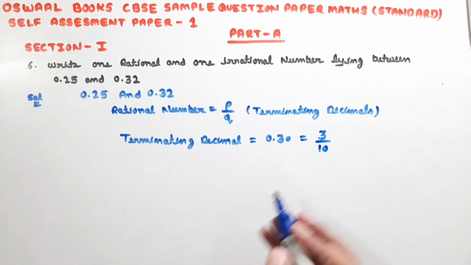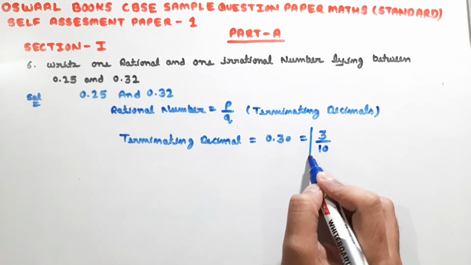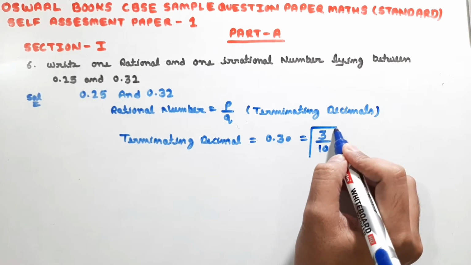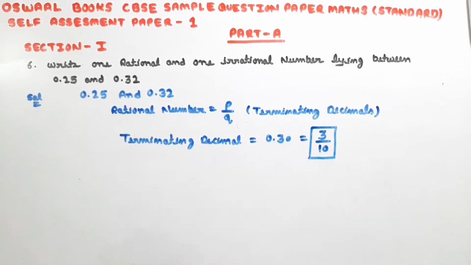So, one rational number between 0.25 and 0.32 will be 3 upon 10, that is equal to 0.3. This is the first answer.